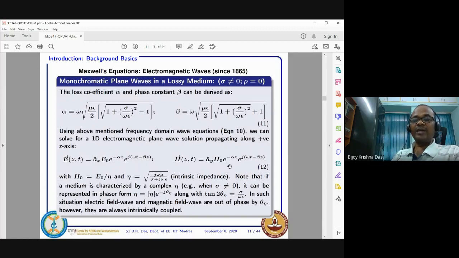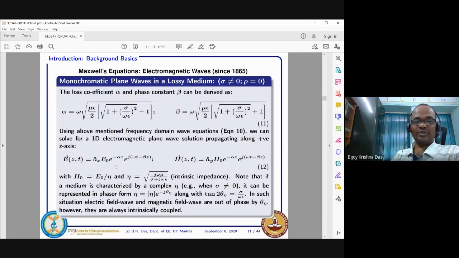The associated magnetic field will also propagate in the z direction with the same phase relationship and the same attenuation factor. The only thing is that, according to the curl equation, the magnetic field will be along the y direction if and only if the electric field is along the x direction. They are orthogonal. With a little work using Maxwell's curl equation, and putting j omega for del t, you can show that H naught and E naught are related.